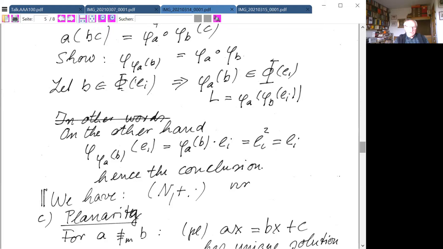If b is in the orbit of e_i, then φ_a(b) is also in this orbit. But this is also φ_{ab}, which is φ_a combined with φ_b of e_i.